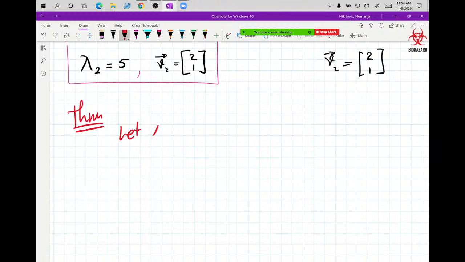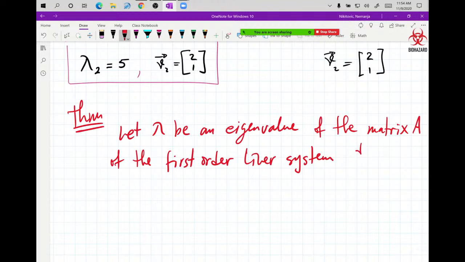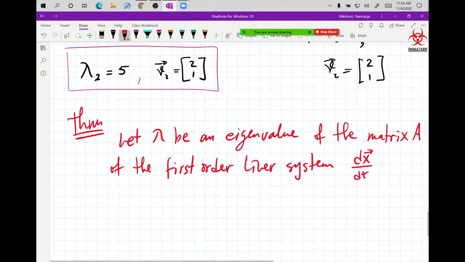So let lambda be an eigenvalue of the matrix A of the first order linear system dx/dt equals Ax.